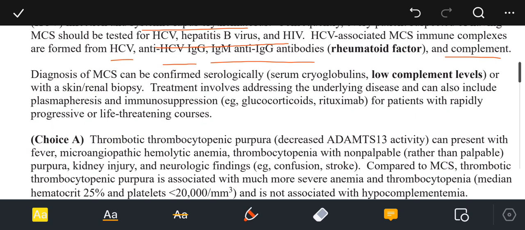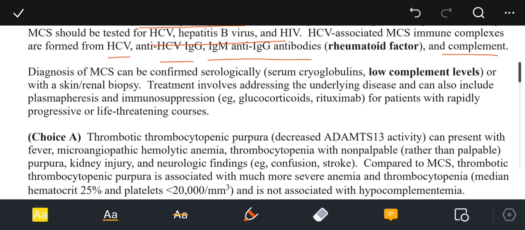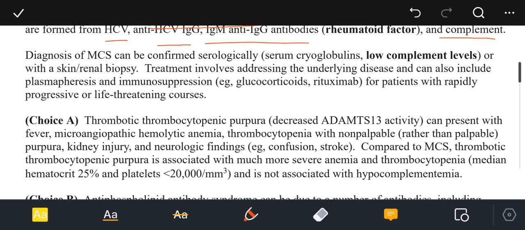The diagnosis of MCS can be confirmed serologically, with serum cryoglobulins and low complement levels, or with a skin or renal biopsy. Treatment involves addressing the underlying disease and can also include plasmapheresis and immunosuppression, for example, glucocorticoids and rituximab for patients with rapidly progressive or life-threatening courses.